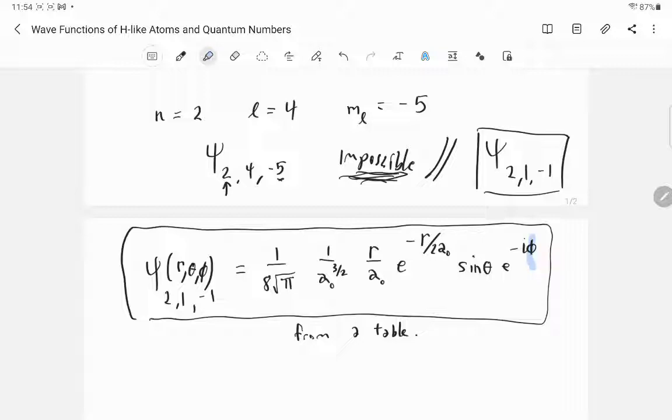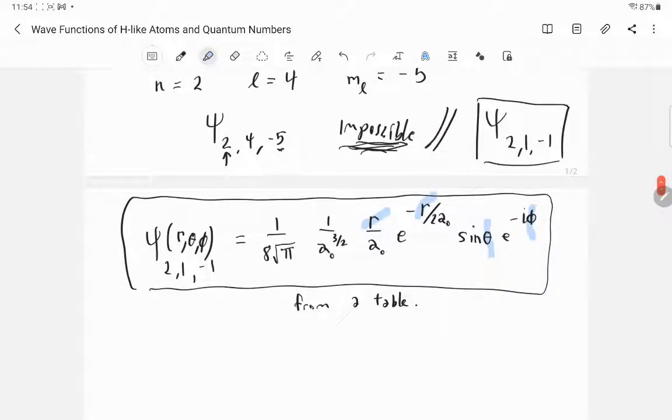There's phi. Here's theta. And r actually shows up in a few different places. There's another really interesting constant called a sub 0, and a sub 0 is a length. This particular length is called the Bohr radius.